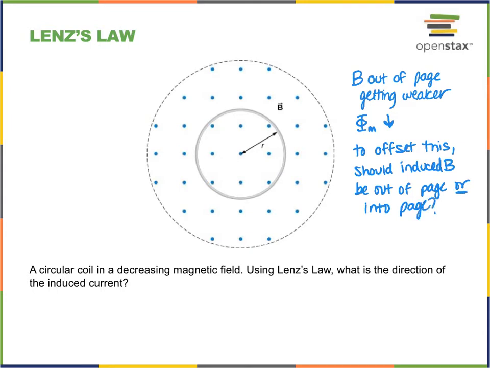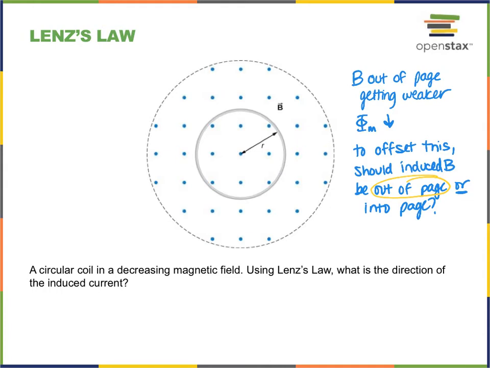Well, the magnetic field is getting weaker. The flux is going down, so we want to work against that. So we actually want to build up the flux and keep it more at its current level instead of letting it go down. So that means that we want to create more magnetic field out of the page to offset the decreasing strength of the existing magnetic field.